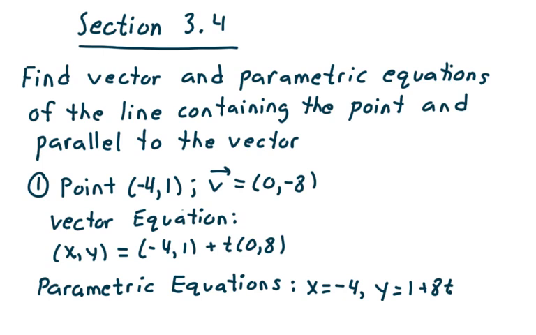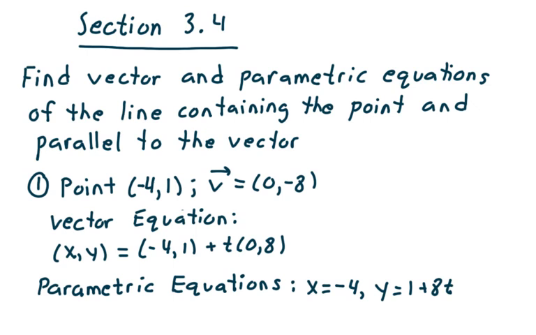The vector equation can be written as follows. (x, y) is equal to the position vector of the point plus a scalar multiple of the vector parallel to the given line. So in other words, (x, y) is equal to (-4, 1) plus t times (0, 8).